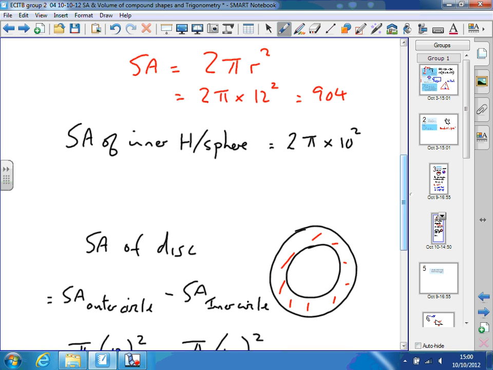Because you rounded it up, did you? Anybody else work it out? What did you get? 905. Unit. Right, okay. Surface area of the inner hemisphere is square centimeters.